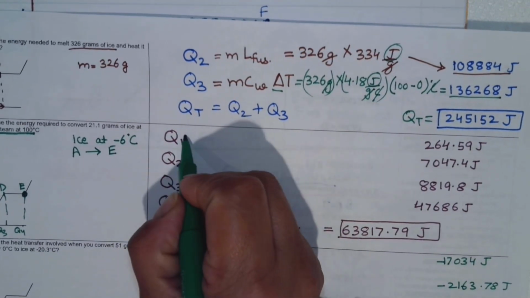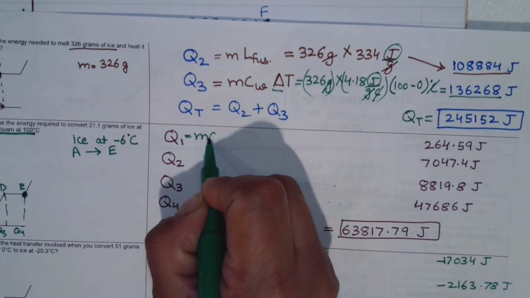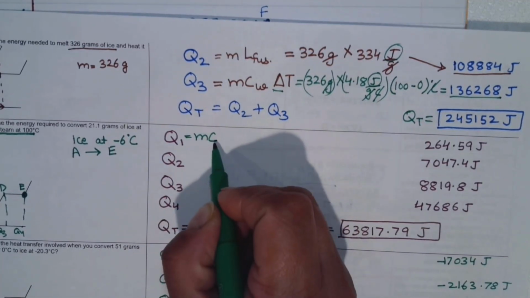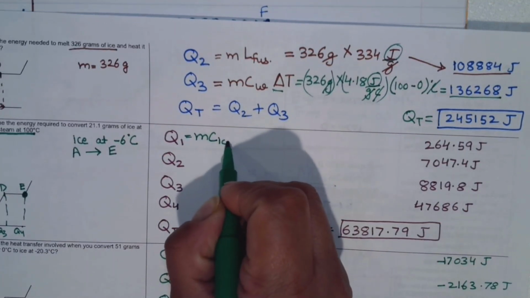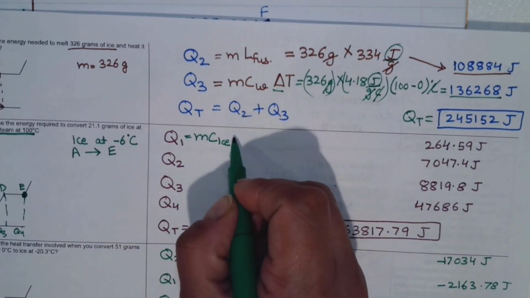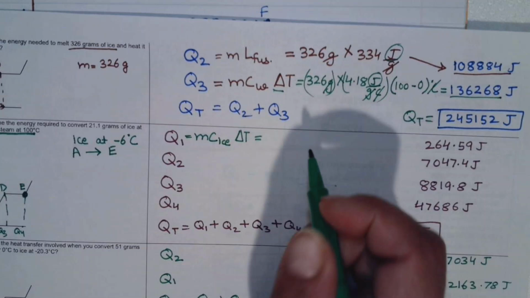So Q1 equals MCΔT. Here, since at A and B we have ice, we are going to use the specific heat of the ice times delta T. So let's plug in the numbers.